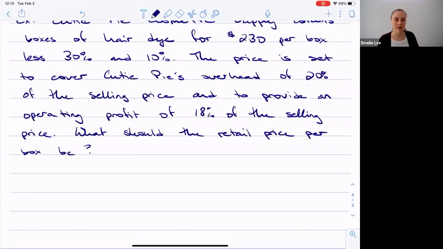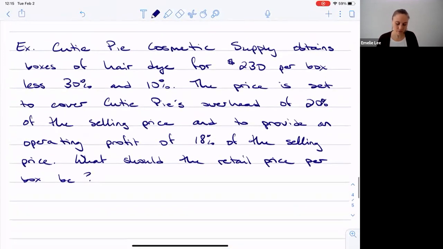The retail price is the selling price, right? That's the amount that you're selling this thing at. So we've got this multi-step problem, because I recognize this first sentence as something I can relate to N times L times (1 minus D1) times (1 minus D2).